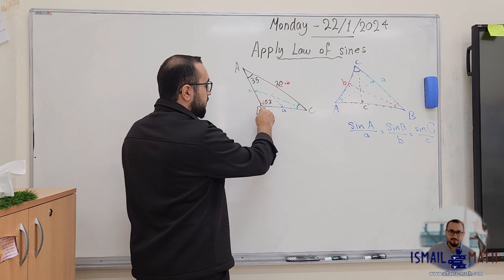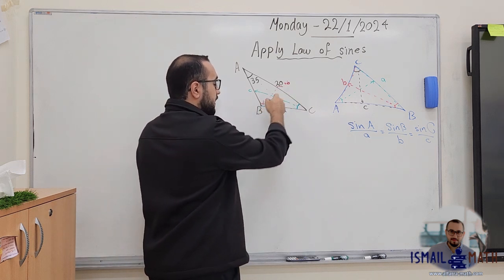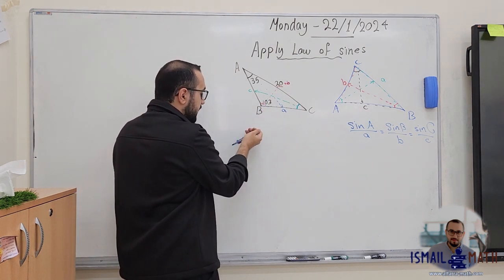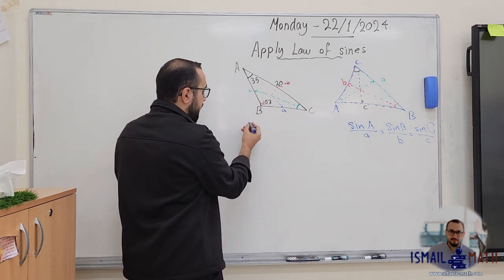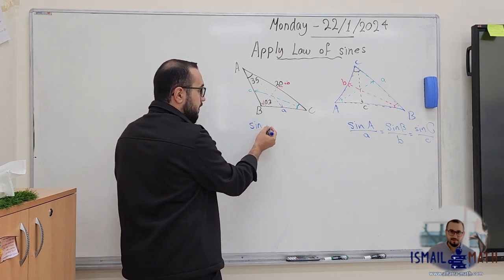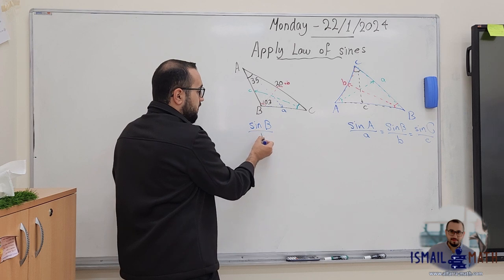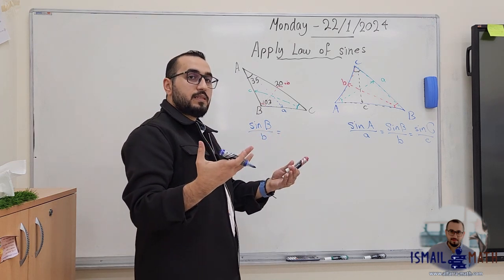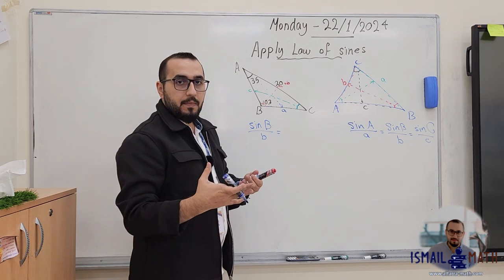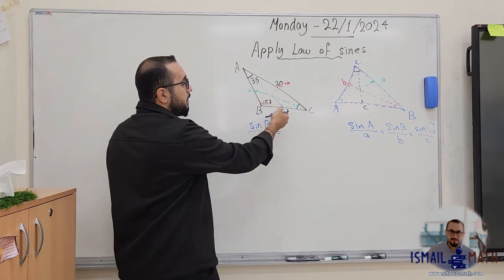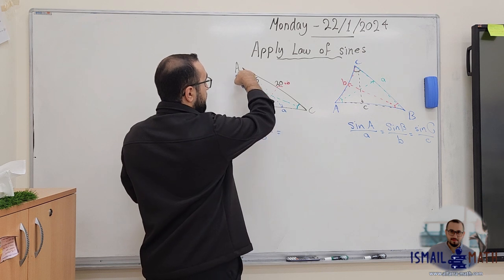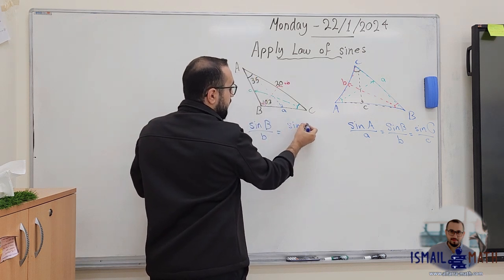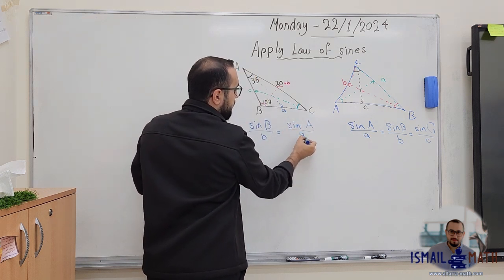In this example, B and b are known, so I will use sine of big B over small b, because I know them. Then I need one angle or side that I don't know, which is what we want to find. I know that 35 is angle A, so sine A over small a.